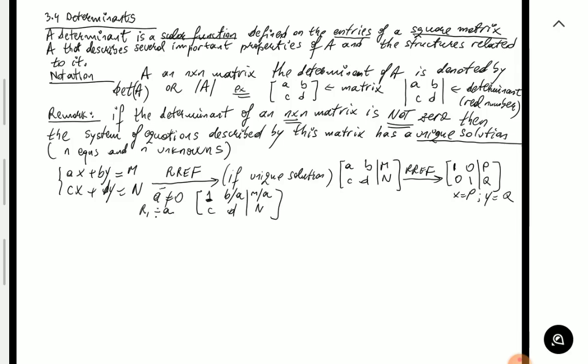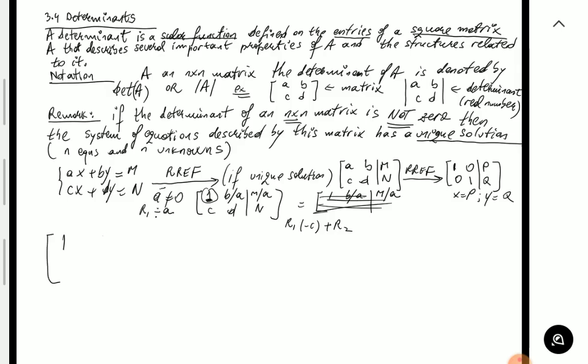And then on the next step of the reduced row echelon form process, I'm going to have to make a 0 underneath the pivot 1. That's achieved by taking row 1, multiplying that row by minus C, and adding it to row 2. Sorry, let me start over from the left because I want to have more space here.